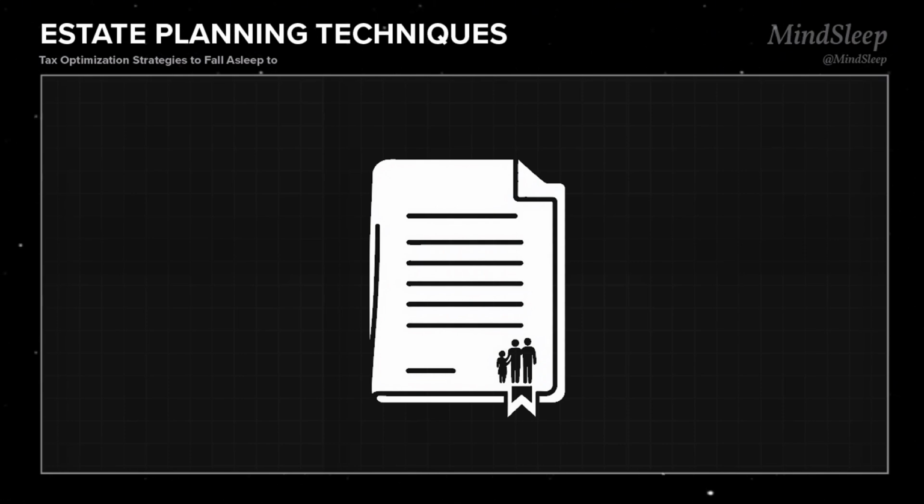Gift tax strategies form another crucial component of estate planning. The annual gift tax exclusion allows individuals to give a certain amount per recipient each year without incurring gift tax. For 2023, this amount is $17,000.